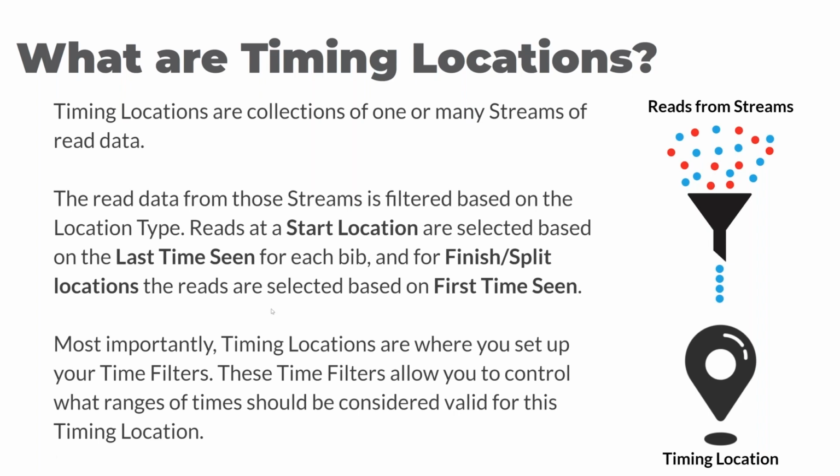These time filters allow you to control what ranges of times should be considered valid for this location. So you're saying, hey, I have this range of times that I expect to be finishes, and within that range, I'm looking for the very first time seen for each bib number to be used for the finish. And for start locations, it's saying, look for the very last time seen up to some point.